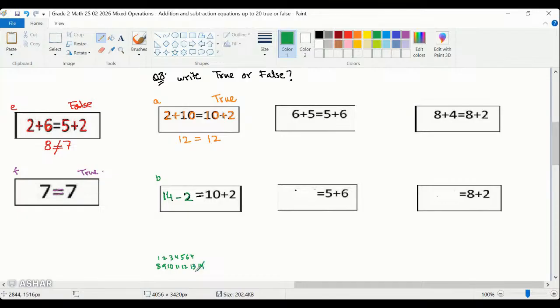If we subtract two numbers, we are left with 12. And 10 plus 2 is 12, right? So that means they both are equal and this is a true statement. Perfect. A was true. Thank you, May.